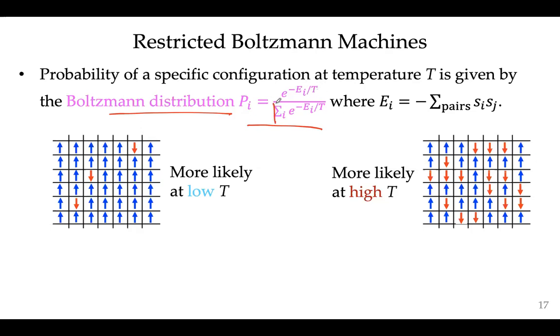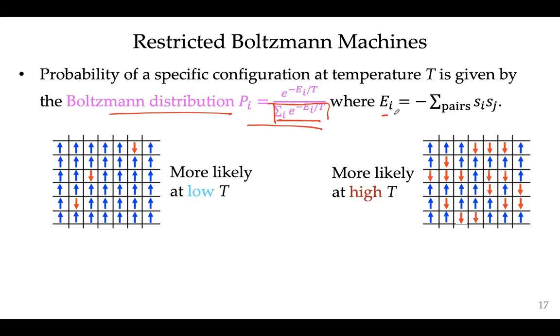And in the denominator, there's this normalization term, so it's just a number. So the probability of any state or configuration is proportional to the exponential of the negative energy of the state.